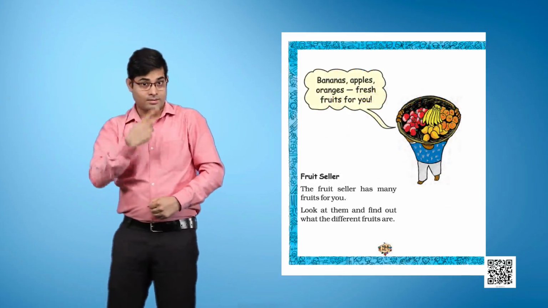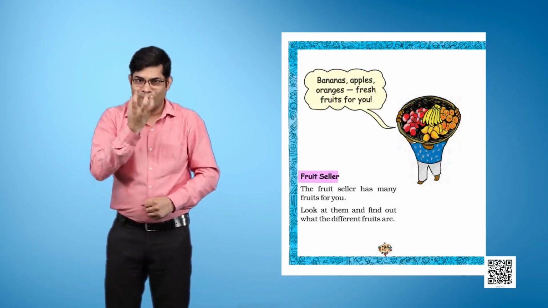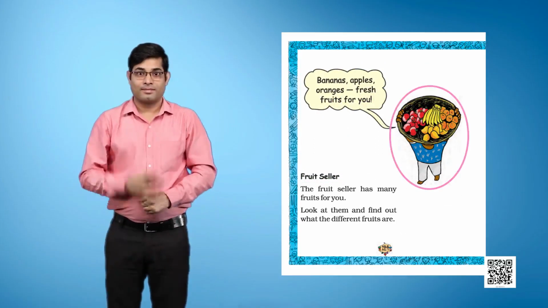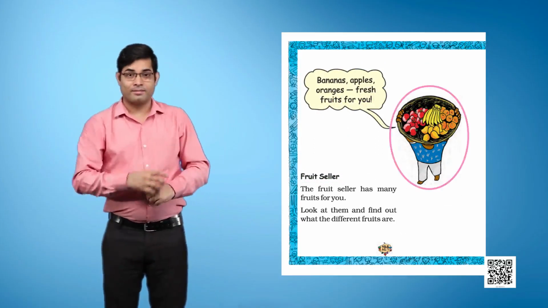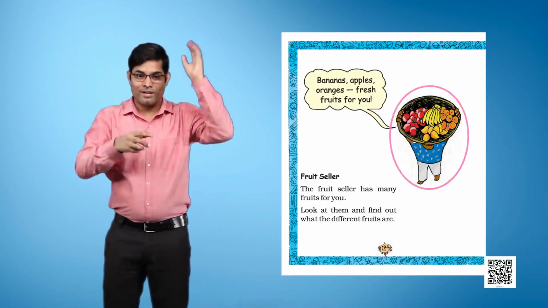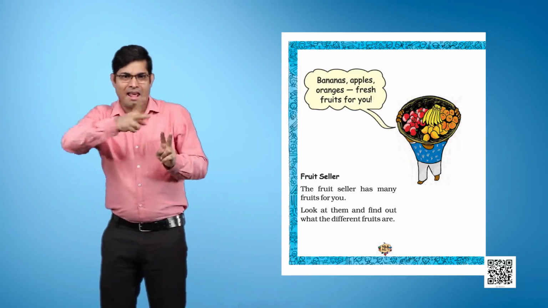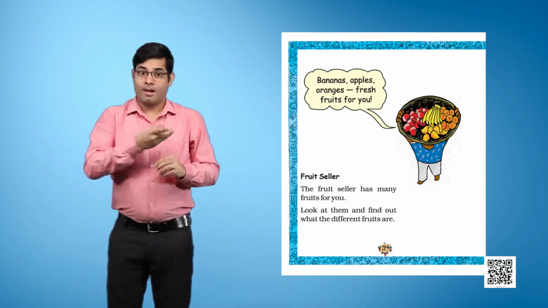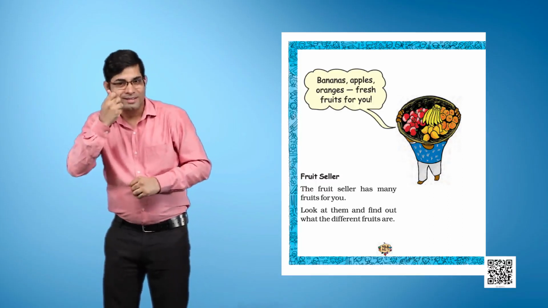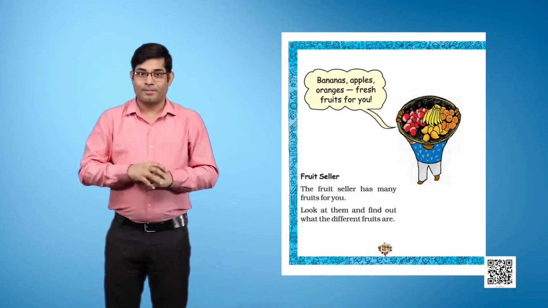Part 2. Fruit seller. Picture 2 on the right side shows a fruit seller holding a basket full of fruits like bananas, apples, oranges and mangoes on his head.